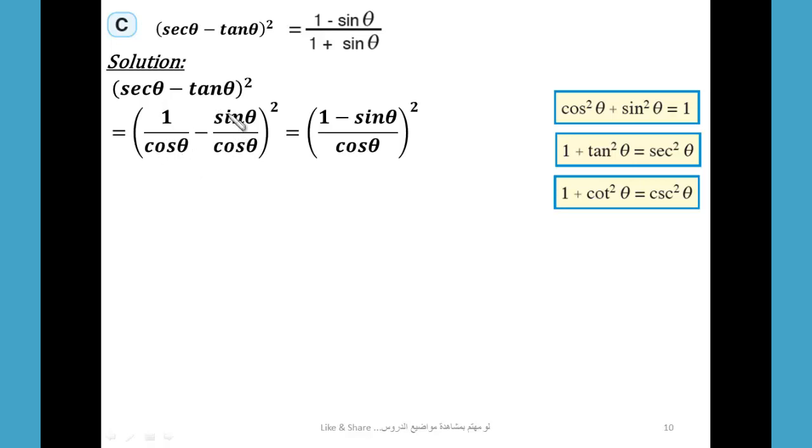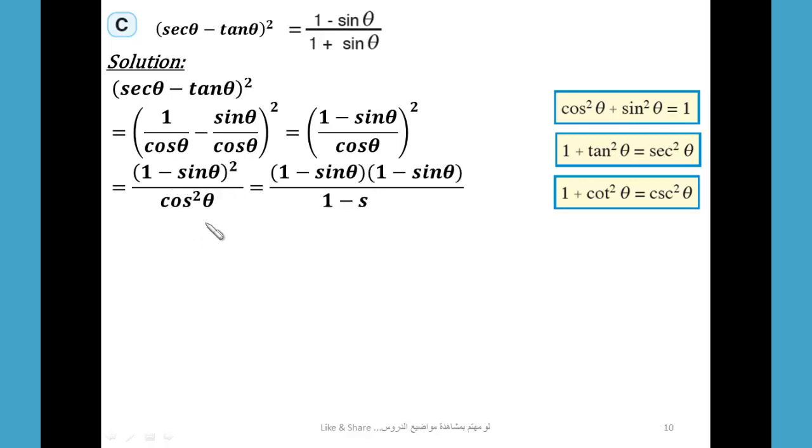Here, what is the difference of these two fractions? It is 1 minus sine theta over cosine theta. We have the same denominator, so we write it, and we write 1 minus sine theta, all square. The square applies to the denominator too, so it equals 1 minus sine theta all square over cosine square theta.